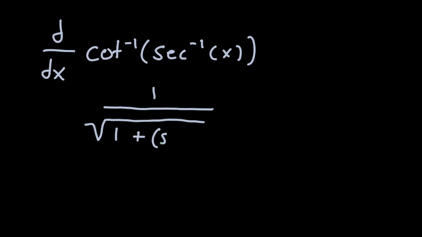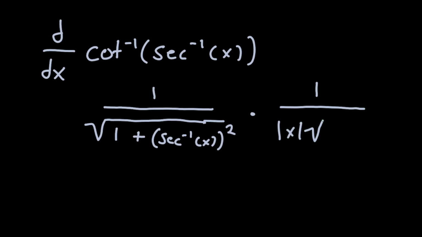So that would be secant inverse x squared, multiplied by the derivative of the inner function. So now we need to do 1 over absolute value x times the square root of simply x in this case, x squared minus 1.